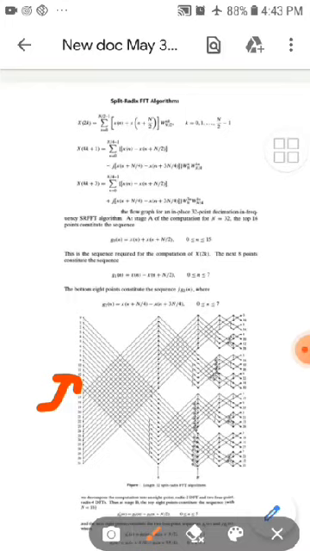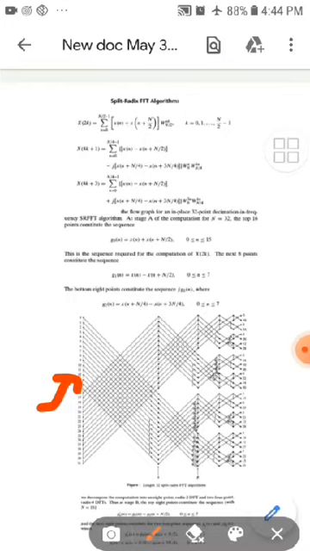So here N is 32, and the top 16 points constitute the sequence z0 of n equals x of n plus x of n plus N by 2, where n ranges from 0 to 15.